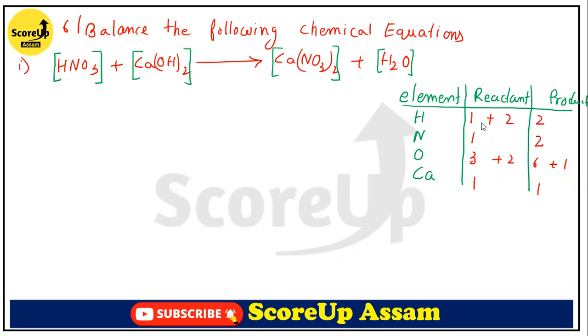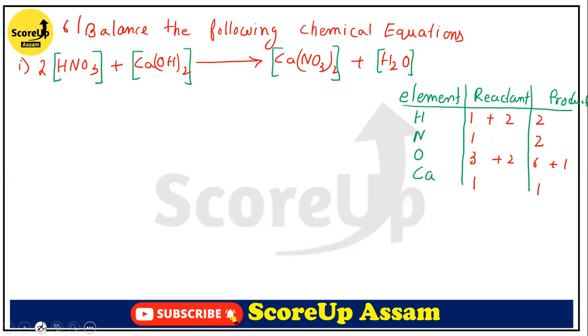Multiply. If we multiply this compound with 2, that means this 2 will also be multiplied with this hydrogen, right? That means 1 into 2.